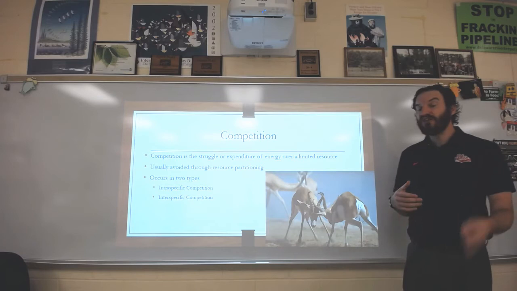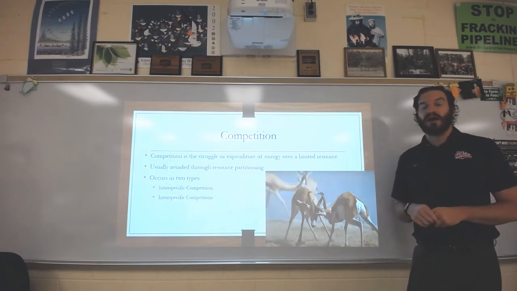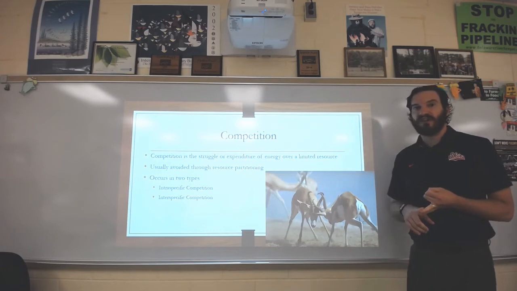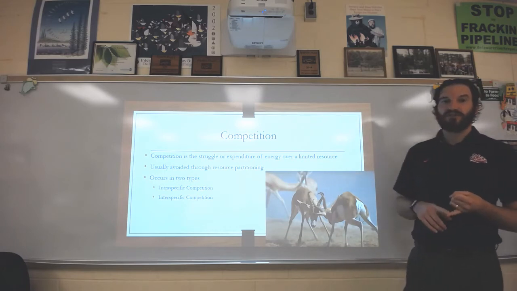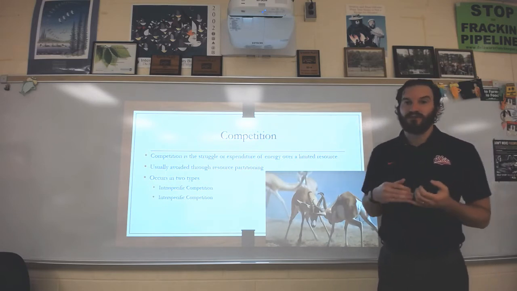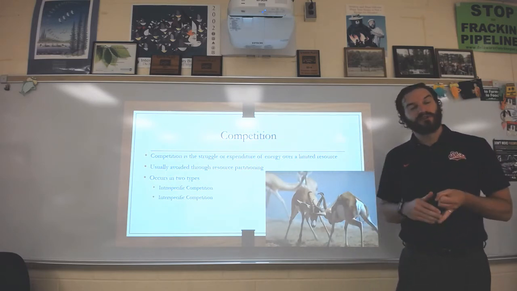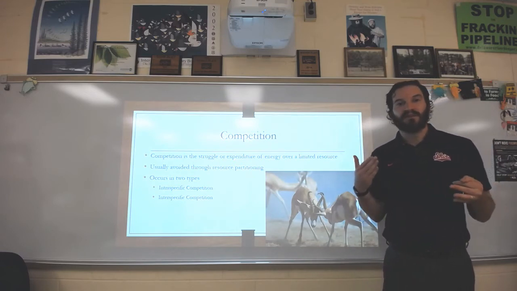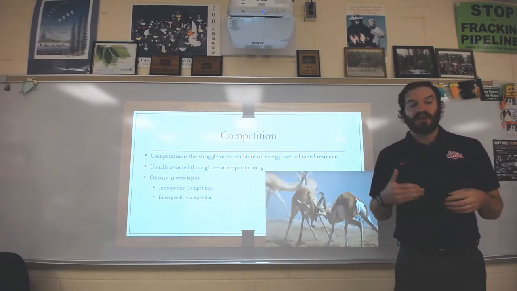Now, there are 2 types of competition, intraspecific competition and interspecific competition. Intraspecific competition is competition within the species, competition for a mate, competition for a specific food resource, competition for maybe nesting sites, something along those lines.